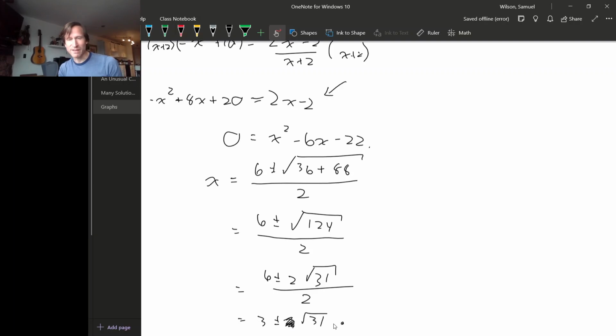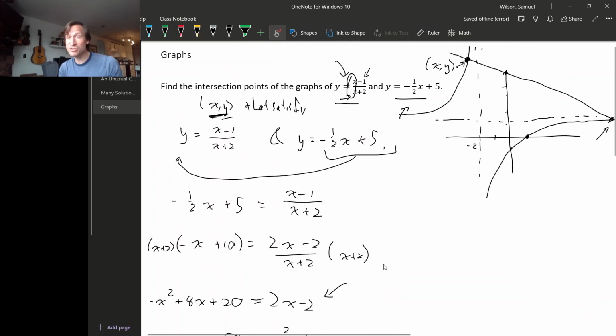So those are our y values, sorry, our x values. Notice that we found two x values, which is what we thought should happen, right? We found these two x values. Now for each of these x values, we can find the corresponding y value just by using this equation for the line. So y equals minus 1/2 x plus 5.